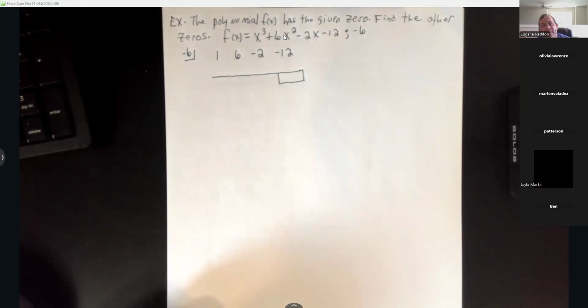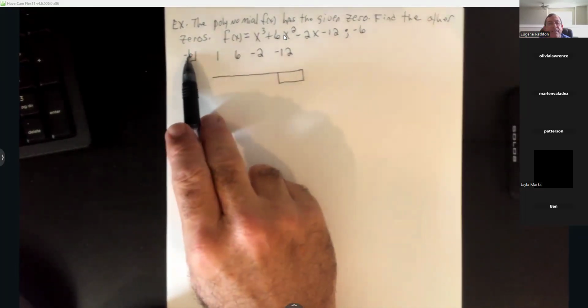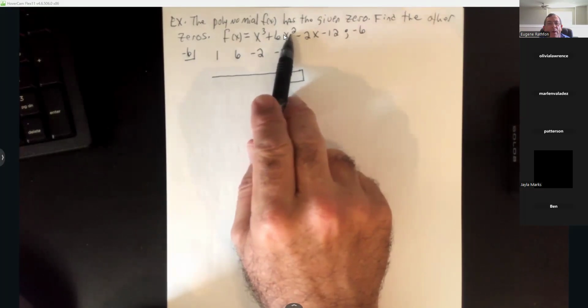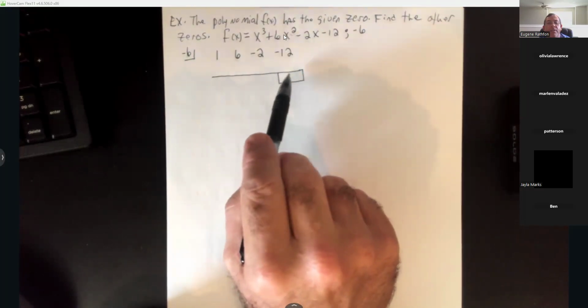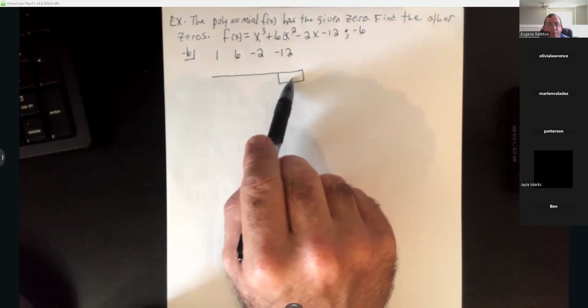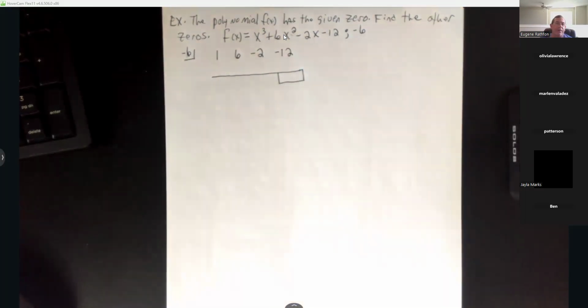Y'all, let me ask you this. If this negative 6 is going to be a 0 of that polynomial, what does this remainder have to be?